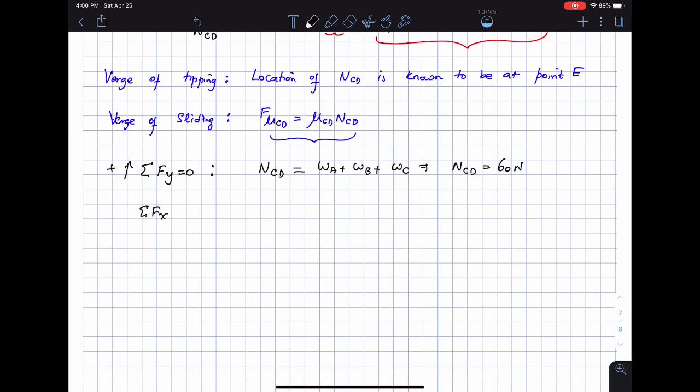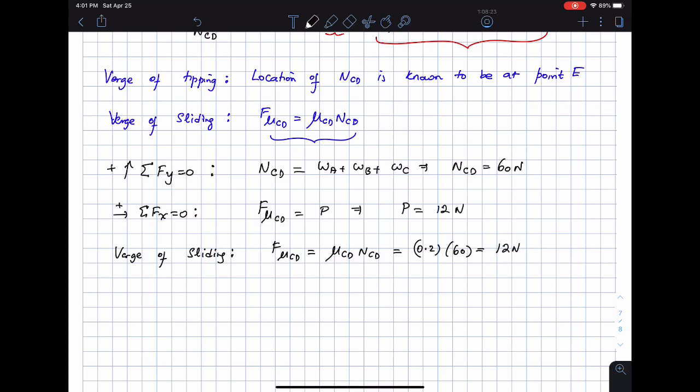Summing forces in the x direction, I get F mu CD equal to the applied force P. Then from verge of sliding, F mu CD is equal to mu CD times NCD. Mu CD was given at the beginning of the problem as 0.2, so this is 0.2 times 60, which is 12 newtons, which means that the force P is equal to 12 newtons.